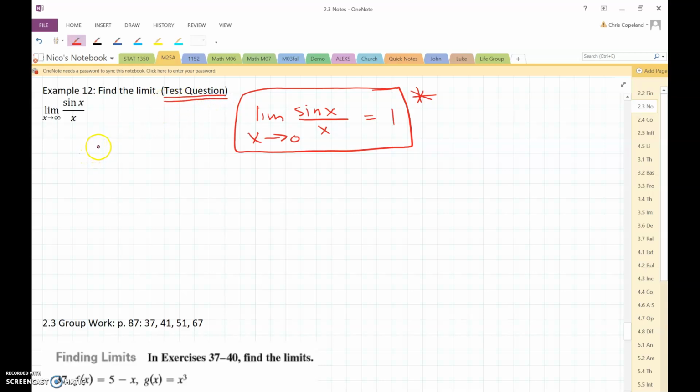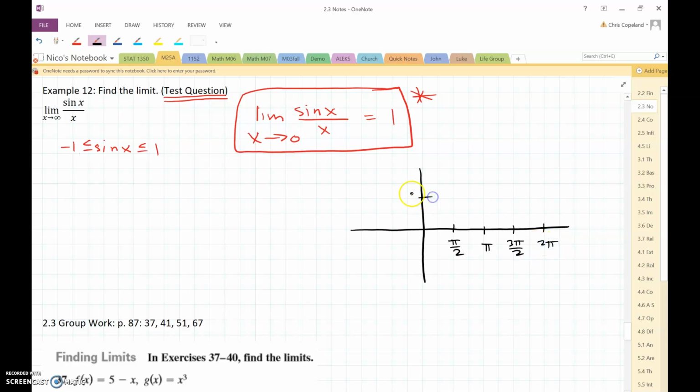Okay? So, let's take sine of x. We know that sine of x is somewhere between -1 and 1, right? If we drew the graph of sine of x, it would look something like this.